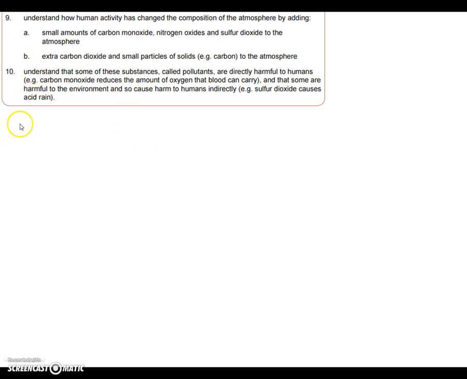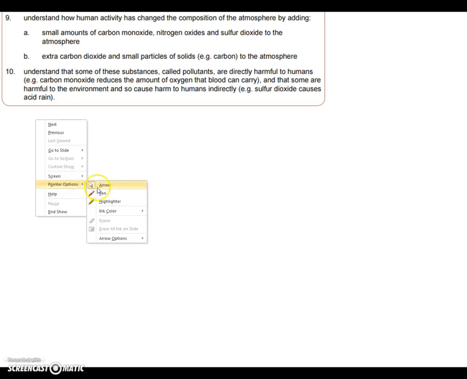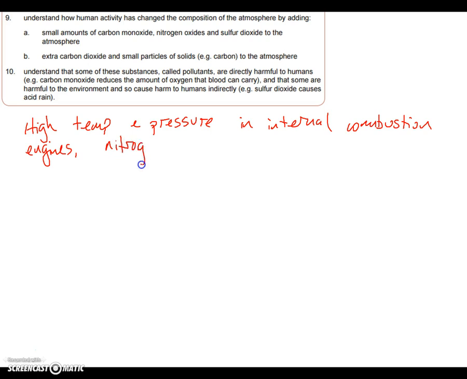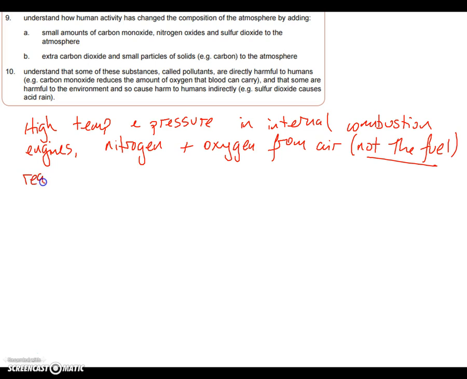So if you've got high temperatures and pressures in internal combustion engines, then the nitrogen and oxygen from the air, not the fuel, and that's a common mistake in exams, so remember that one, react to form nitrogen oxides.